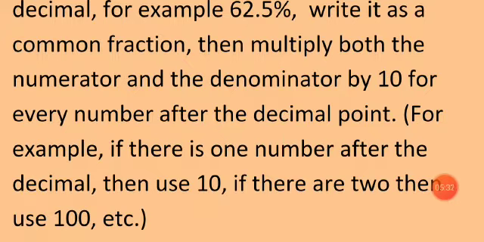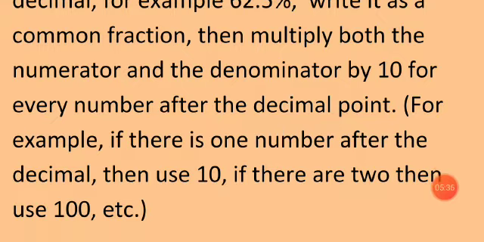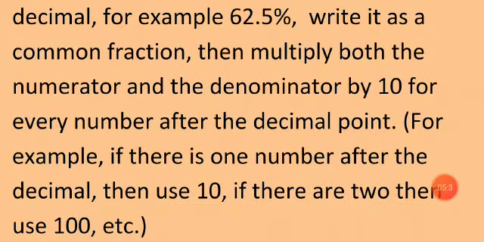In a case where I have 2 digits at the back of the decimal point, I will be multiplying the numerator and the denominator by 100, 100 having 2 zeros.